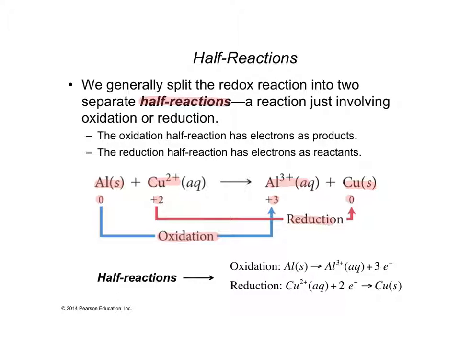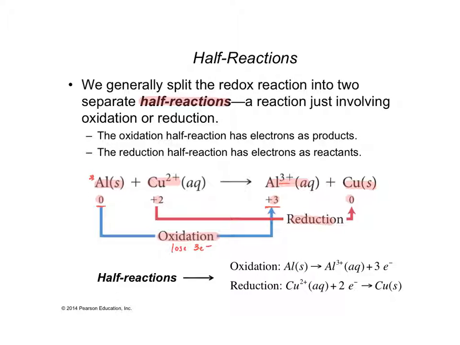If we wanted to take this reaction and write the 2 separate half reactions, just the oxidation and the reduction, we would first figure out who's been oxidized, so that was aluminum, and then how many electrons aluminum actually loses. In going from 0 to a 3+ ion, it has to lose 3 electrons.